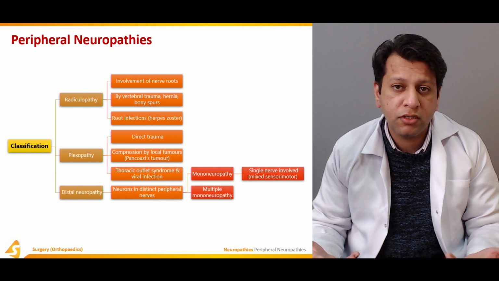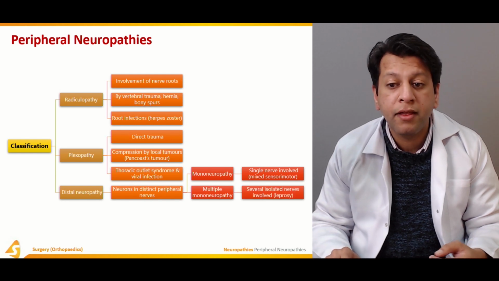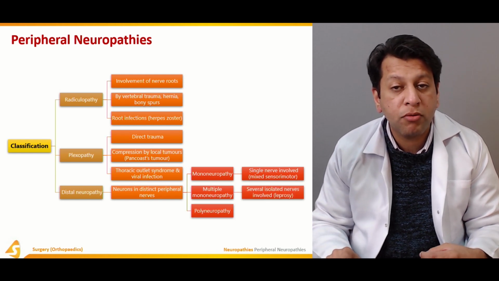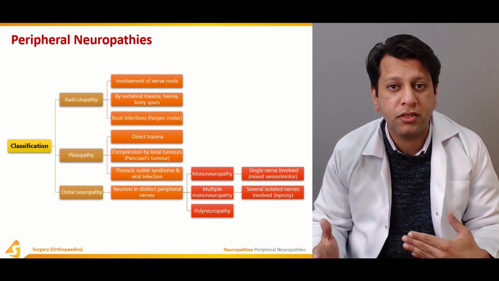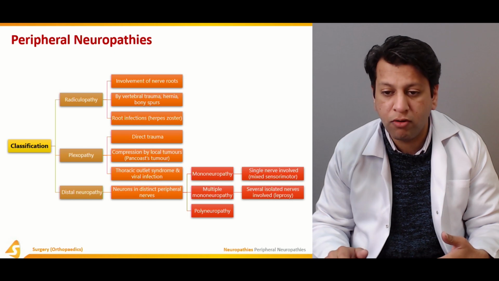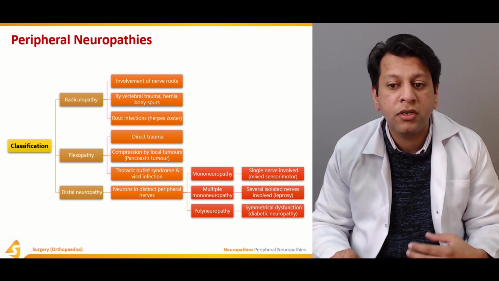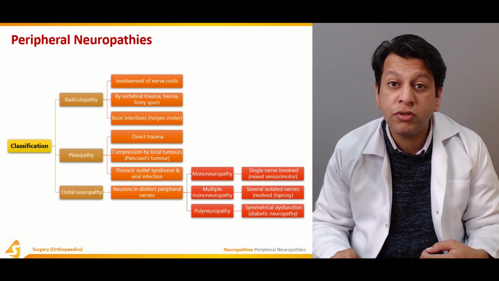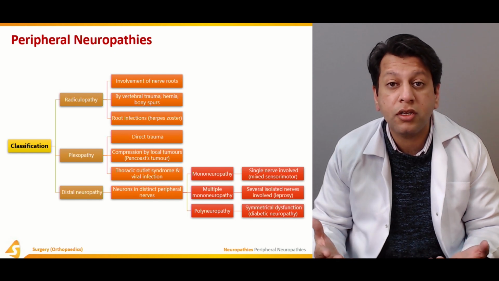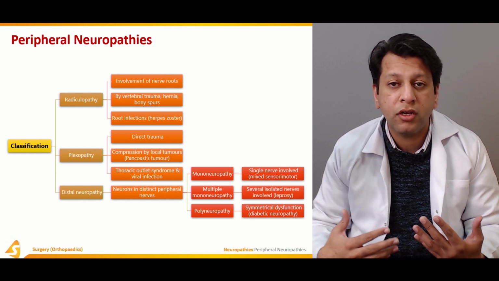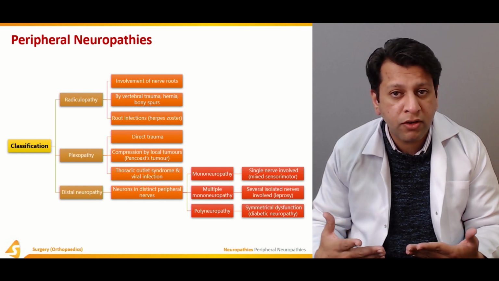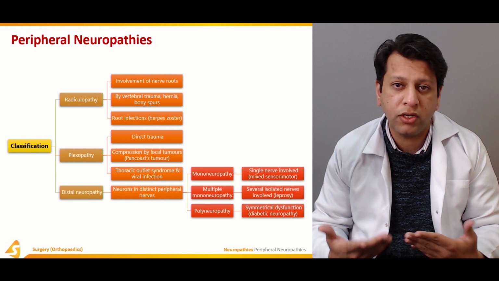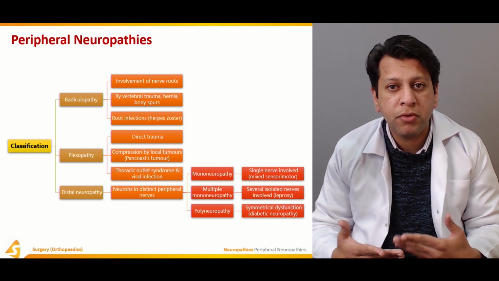Then it can be multiple neuropathy, or it could be polyneuropathy if all those nerves which are supplying the segment distal to that are involved. A classical example is systemic dysfunction due to diabetes mellitus, in which there is a classical gloves and stocking type of neuropathy, in which the patient is unable to feel initially the most distal parts, that is initially the fingers and the palm become numb.